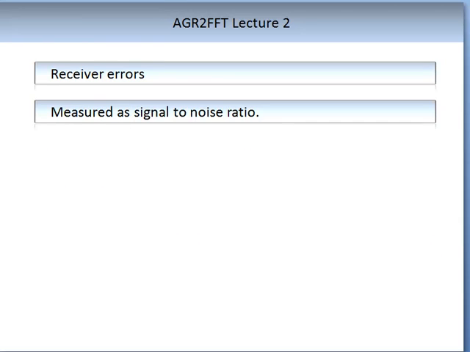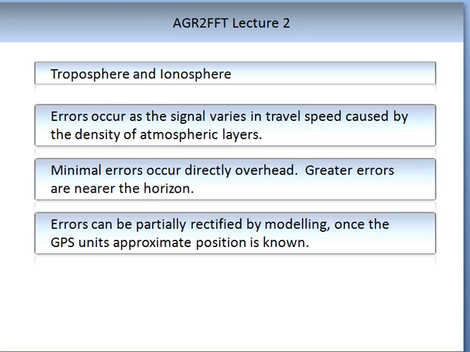Receiver errors are those that can be measured as a signal-to-noise ratio. Errors that occur when the signal is travelling through the troposphere and the ionosphere occur as the signal varies in travel speed, which is caused by the different densities of both of these atmospheric layers.